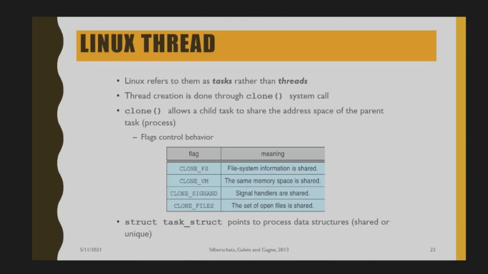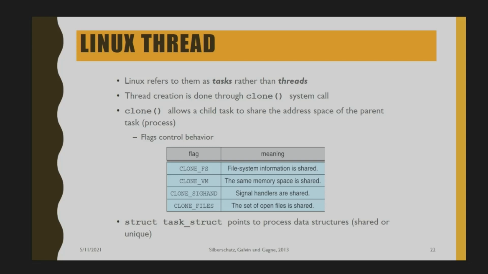The next part is Linux threads. Linux refers to them as tasks rather than threads. When we talk about Linux, it uses the term task, while in Windows it uses the term thread. Thread creation uses the clone system call.